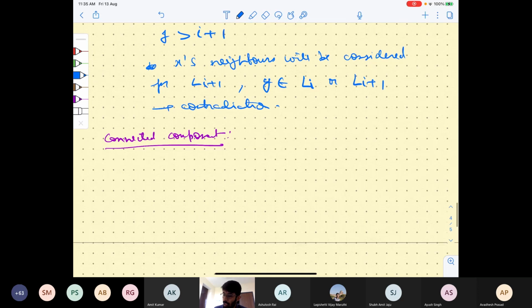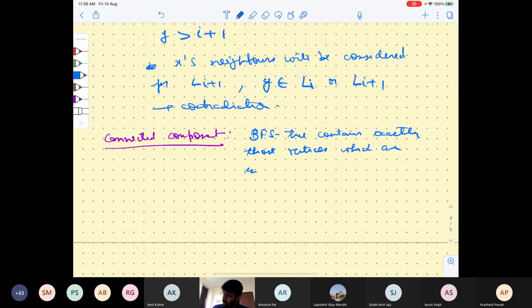And then the BFS tree contains exactly those vertices which are in the connected component having S. Okay, good.